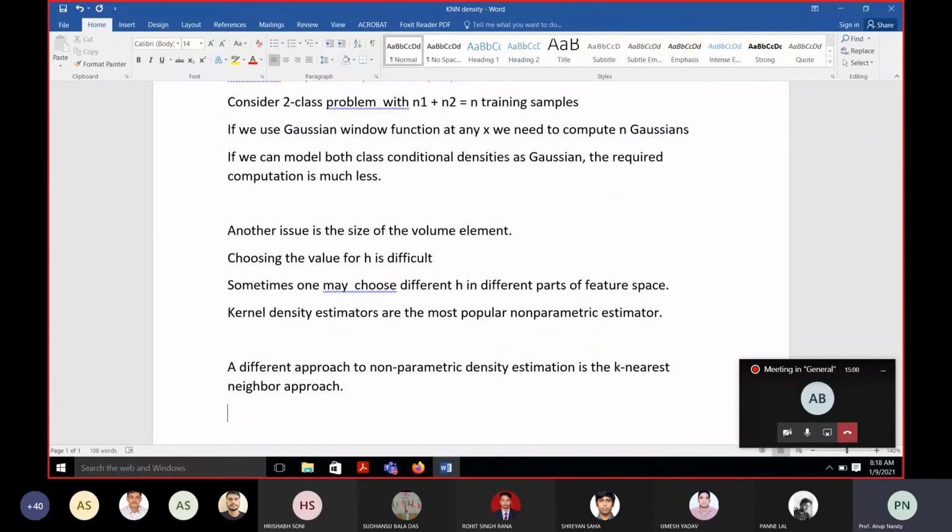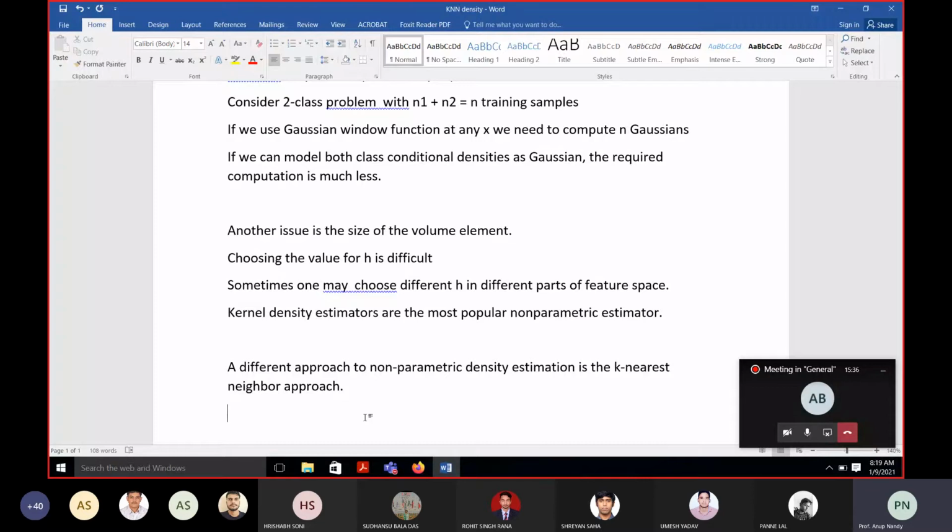Actually it is a nearest neighbor density estimation technique, and it is related to the k nearest neighbor rule. So k nearest neighbor is a classifier. If you understood the concept of nearest neighbor estimation, and you apply it to the Bayes decision rule, then you can easily get the k nearest neighbor rule. So that is why you can have a mathematical framework for this k nearest neighbor.